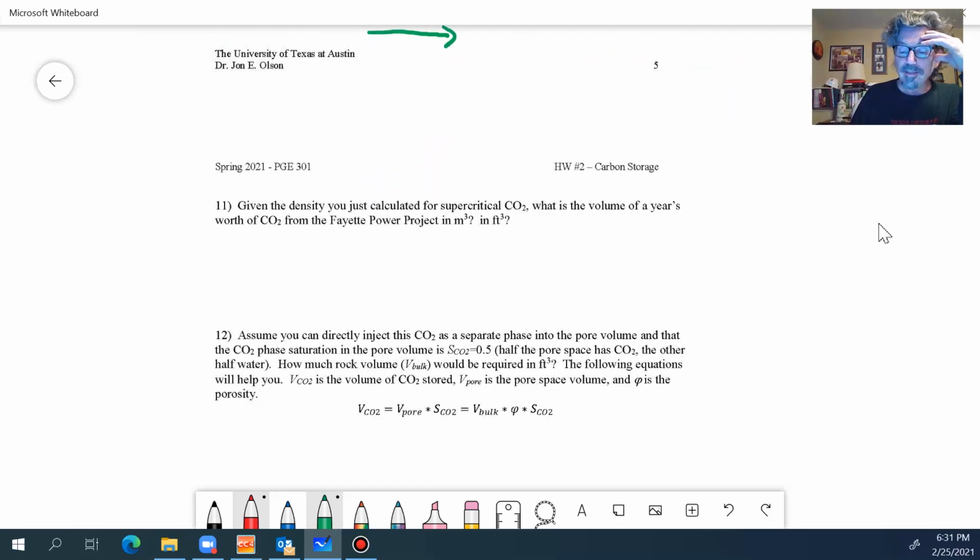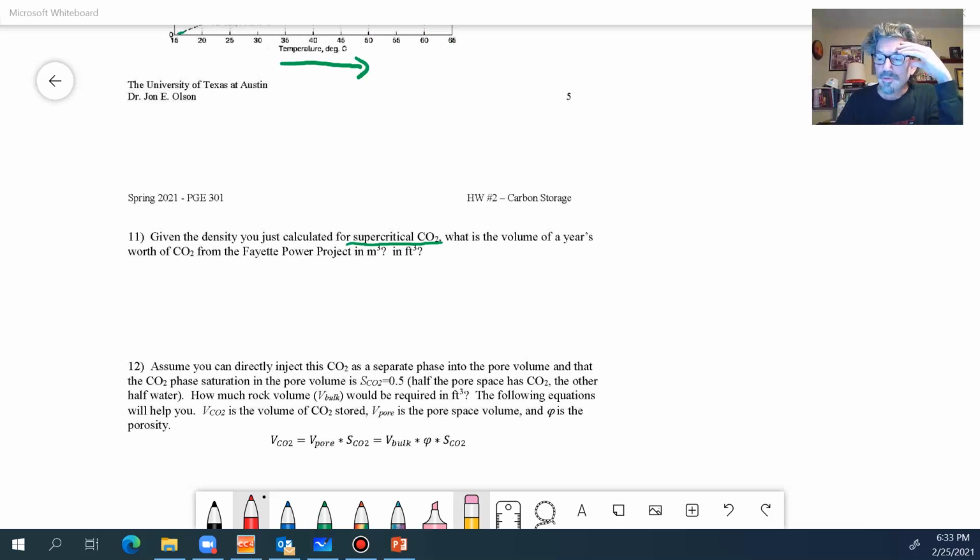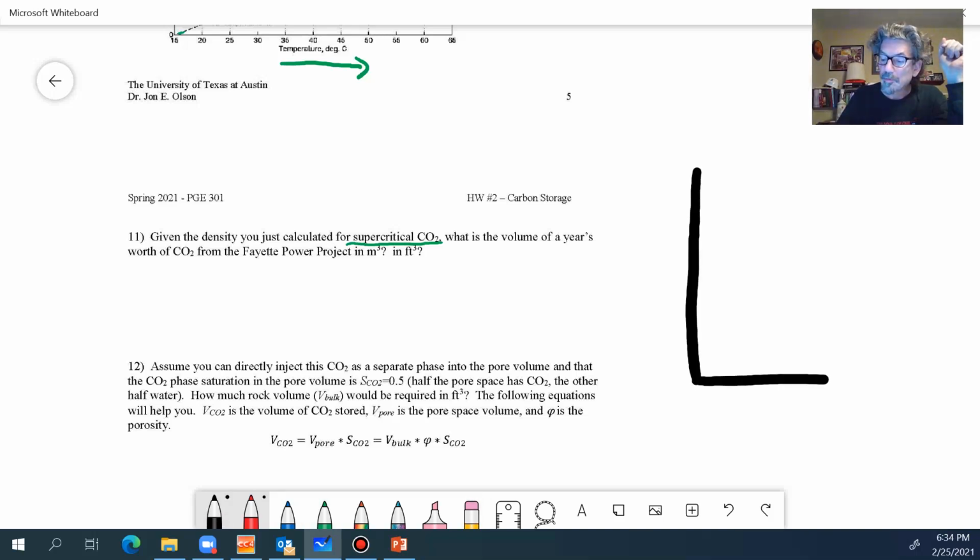Okay, so the other thing I didn't say is we're actually looking for supercritical CO2. Supercritical CO2 can be understood if we look at a PT diagram. And so, whoops, if I draw my very fat curves there, sorry.